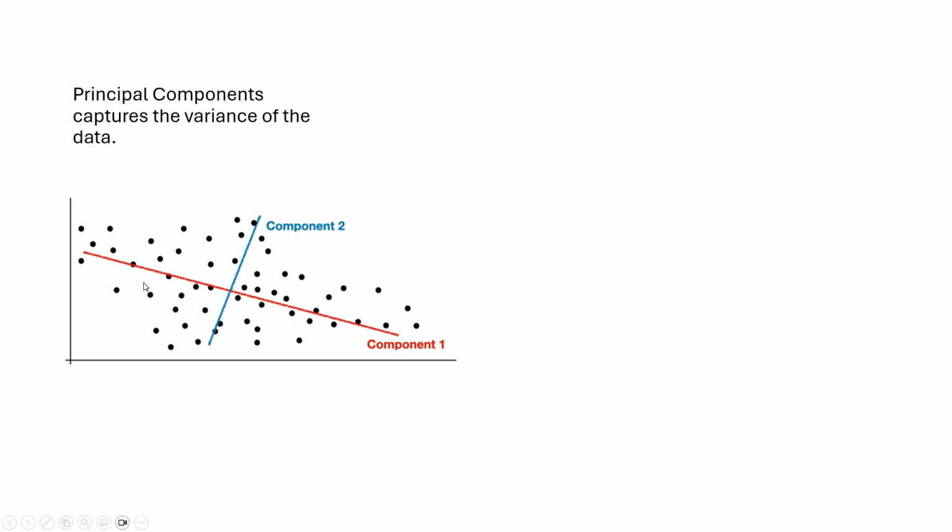Since the first principal component captures the variance of the larger direction, this is the most important principal component because it captures the largest amount of variance. The second one is going to be less important than the first principal component because, as you can see in this picture, the second one is going to capture the variance of the smaller dimension. So it captures less variance, right?